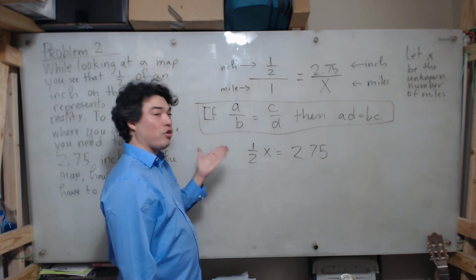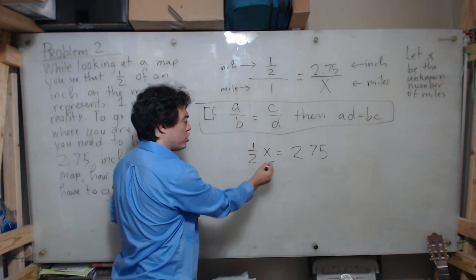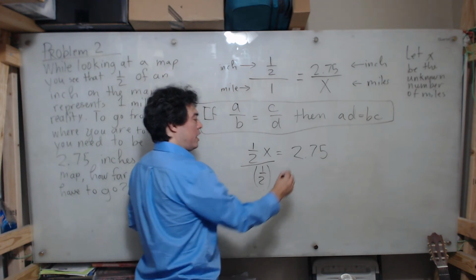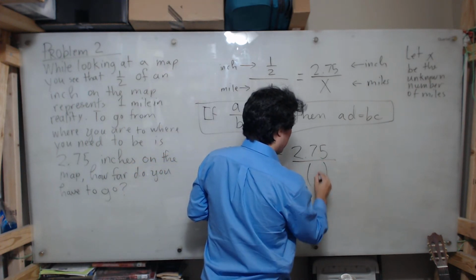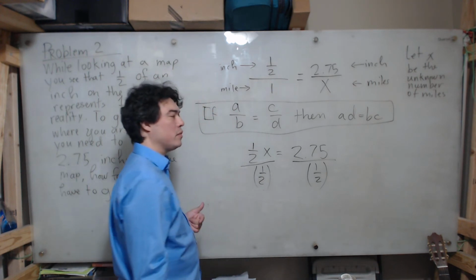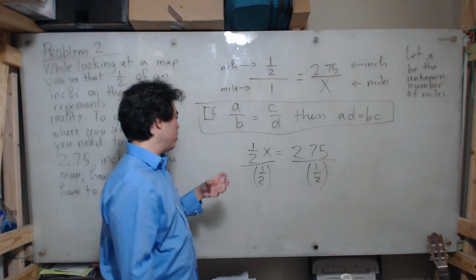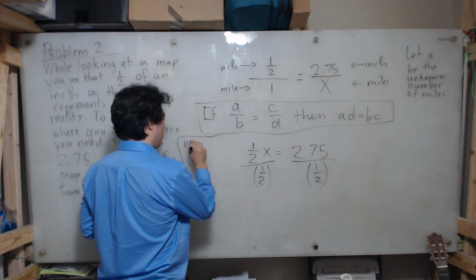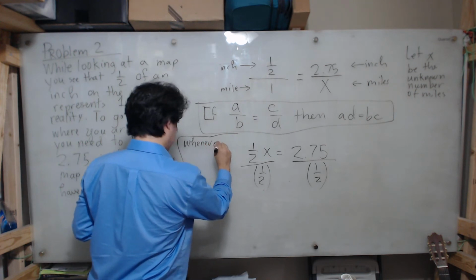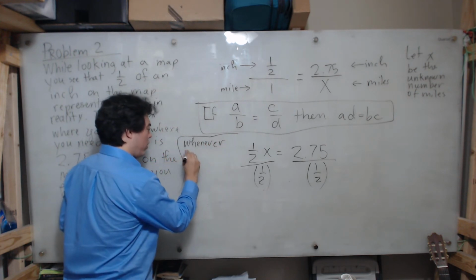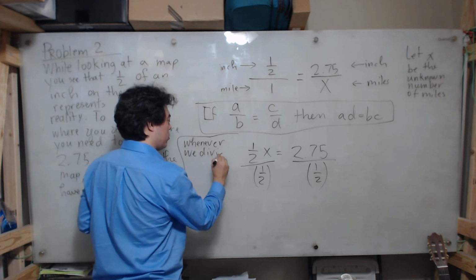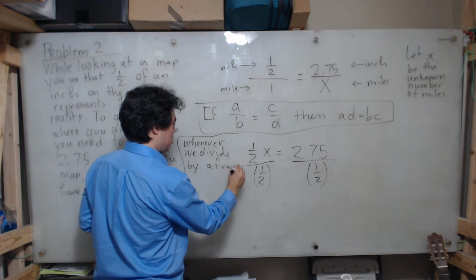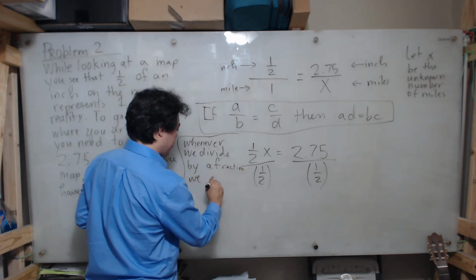So now, what I'm going to do is divide by the fraction 1/2, because that way I can get the x by itself on the left hand side. In so doing, I'm going to divide the right hand side by 1/2. Now I want you guys to always remember, whenever we divide by a fraction, we multiply by the reciprocal. This is something you should keep in mind.